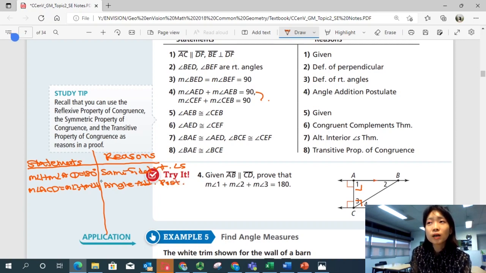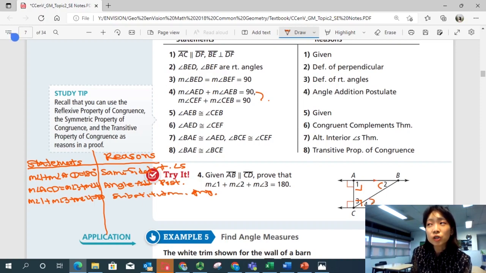And so because you have these two equations, you can substitute 3 and 4 in there and say measure of angle 1 plus measure of angle 3 plus measure of angle 4 is 180 degrees by substitution property. And then you can say that 2 and 4 are congruent because they're alternate interior angles.